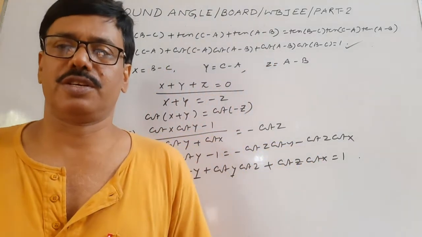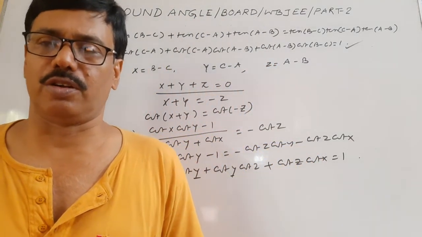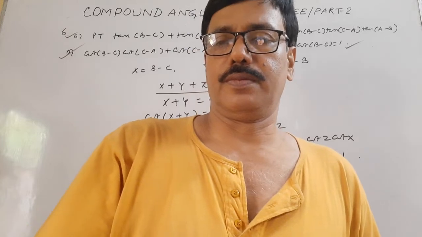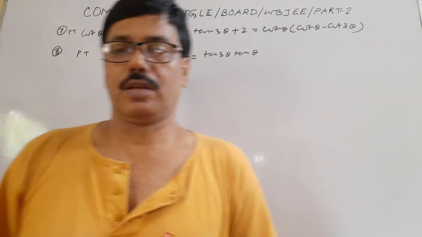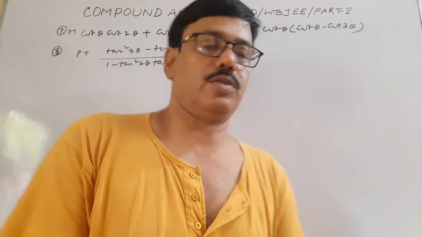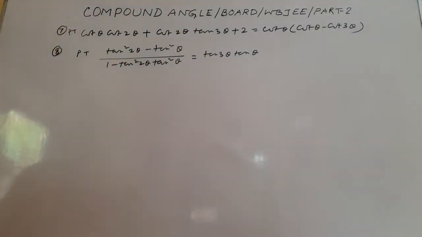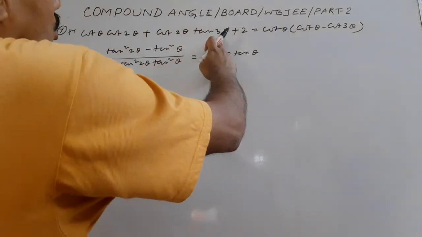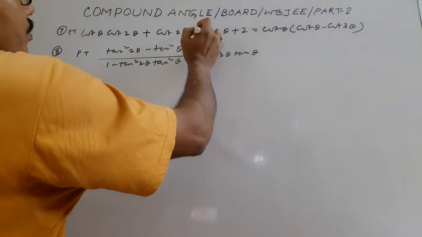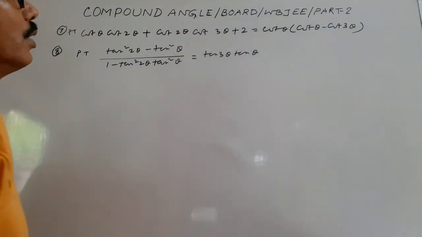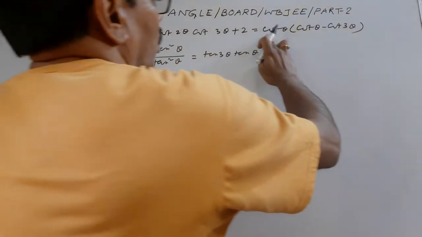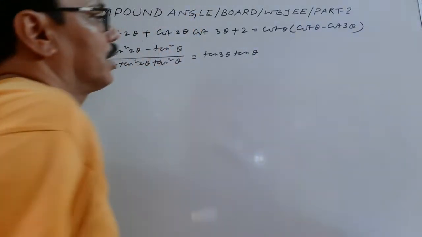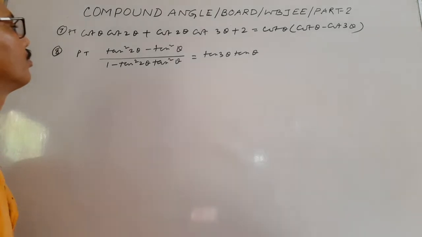So these are trigonometric identities also. Now we consider two more problems. Cot theta, cot 2 theta, cot 2 theta, cot 3 theta, plus 2 cot theta into cot theta minus cot 3 theta. So this one.